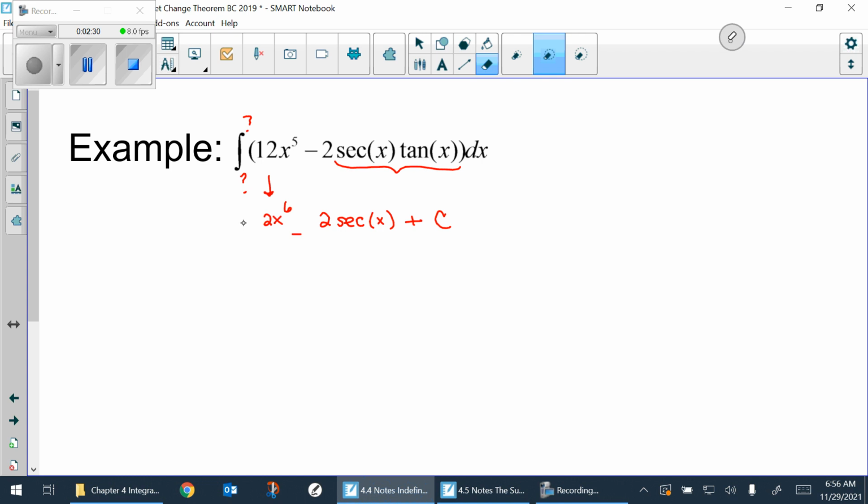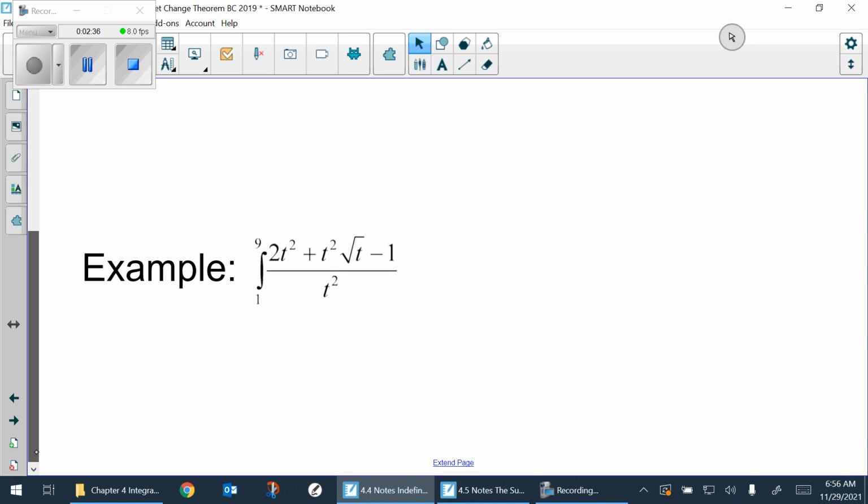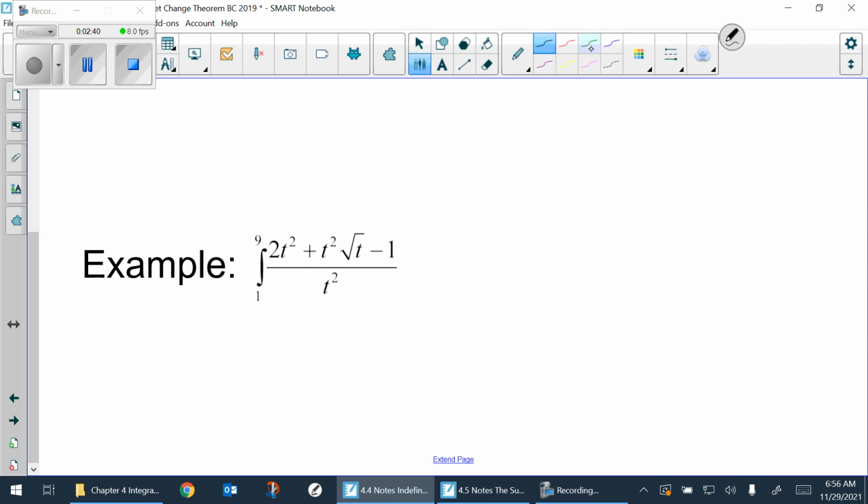All right, so that is the indefinite integral. We got another one down here. Now this one is not indefinite, this one is definite. But how are we going to do something like this? Well, just as a reminder, whenever it's possible, I should have a dt here. Whenever possible, we're going to simplify. So we're going to take 2t squared divided by t squared, we get 2.